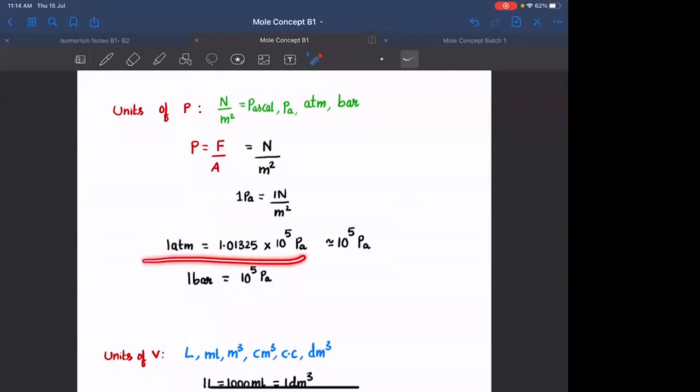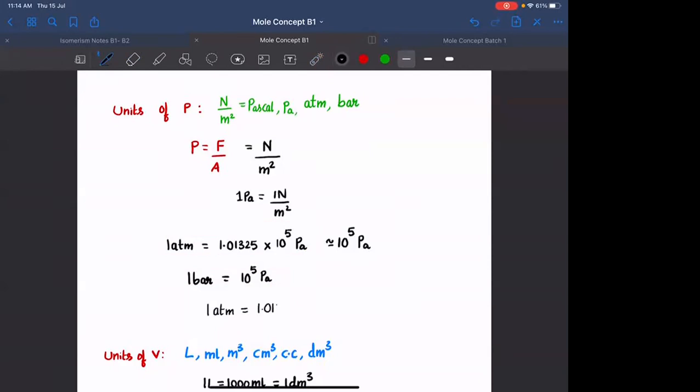So if I want to write the relation between atmosphere and bar, वो क्या हो जाएगा? Atmosphere is approximately equal to 1 bar. 1 atmosphere is equal to, in place of 10 power 5, I can put 1 bar.